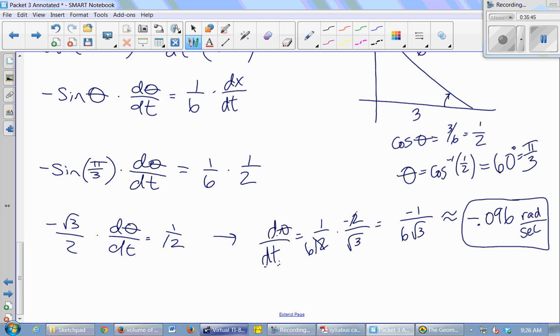Does it make sense that that came out negative? That the rate of change of theta is negative? Yeah, as the ladder moves away, that angle is getting smaller, which means theta is decreasing, so its rate of change should be negative.